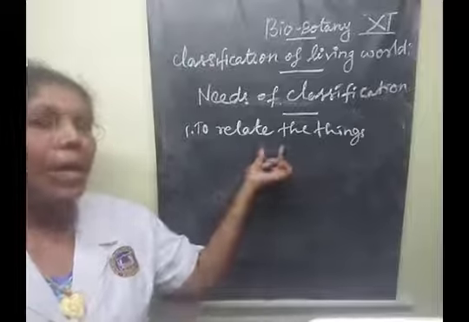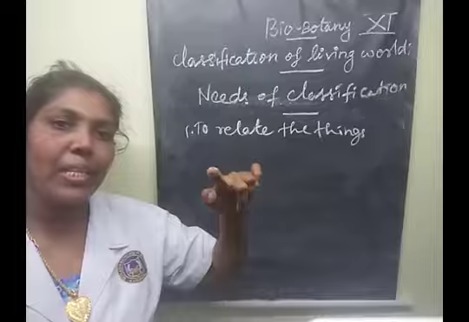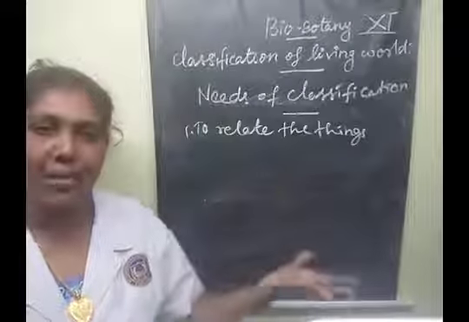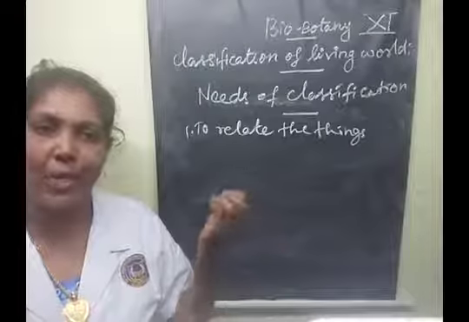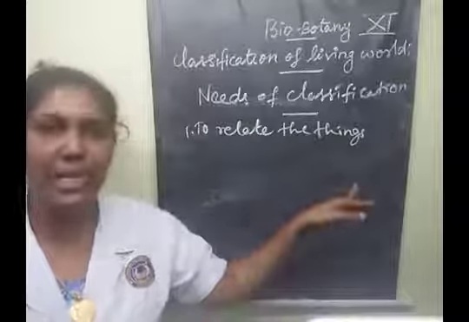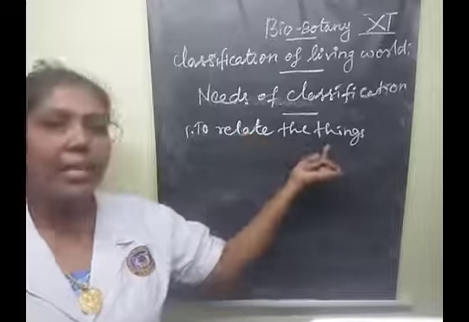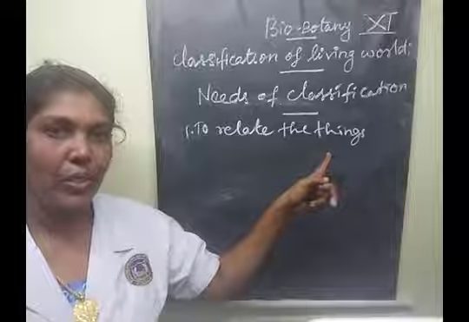First of all, relating the things based on common characters means, just for example, we select the distinguishing characters or gynaecium characters. If any one of these common characters is selected, we can relate the things. Understood, children? The first need is to relate the things based on their common characteristic features.